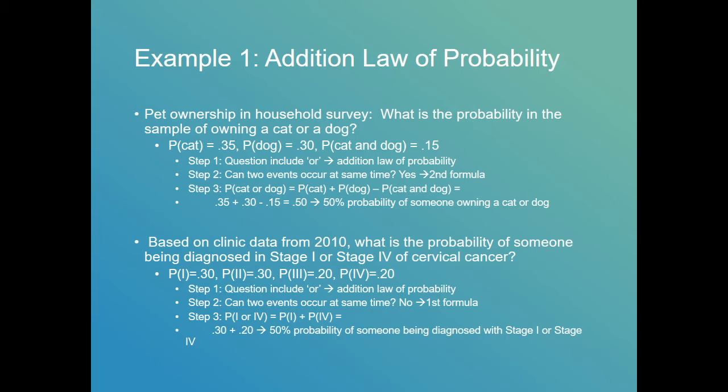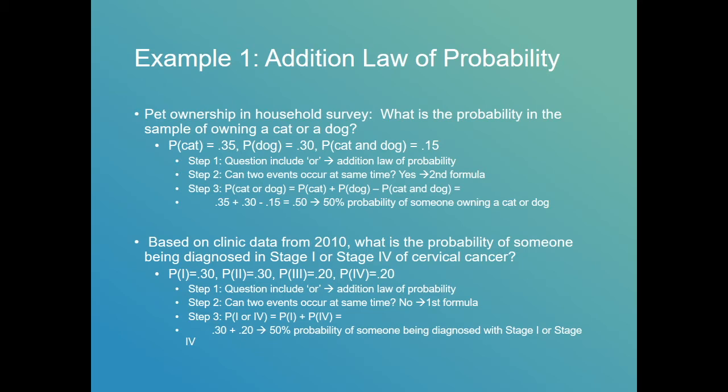So the probability of a cat was 0.35 plus the probability of owning a dog, which was 0.30, minus the probability of owning both a cat and a dog, was 0.15. So this comes out to a 50% probability of someone owning a cat or a dog.